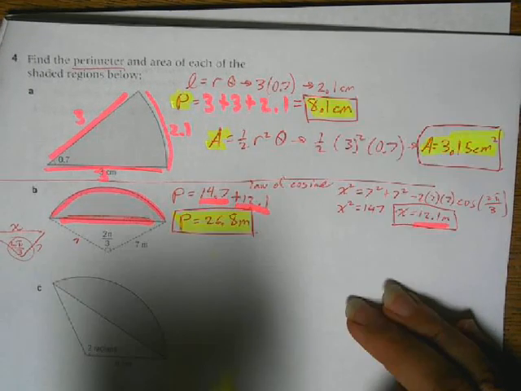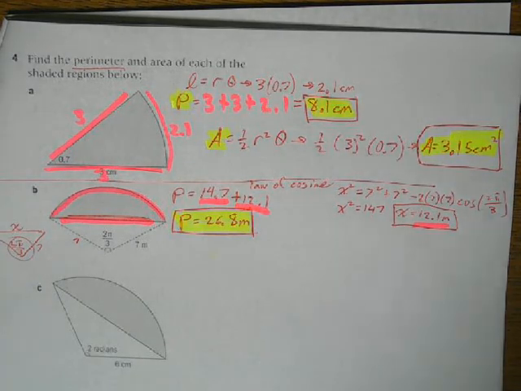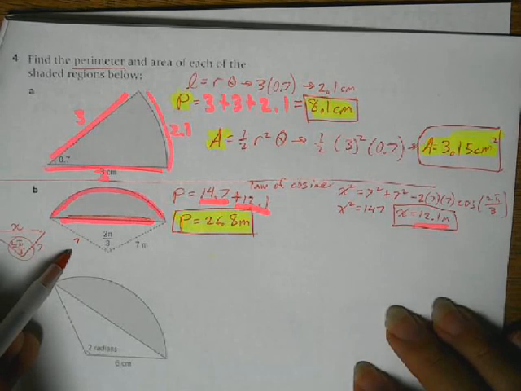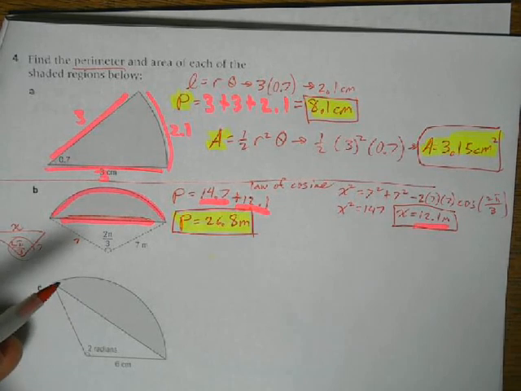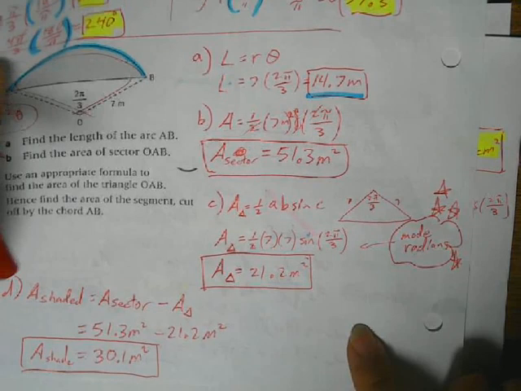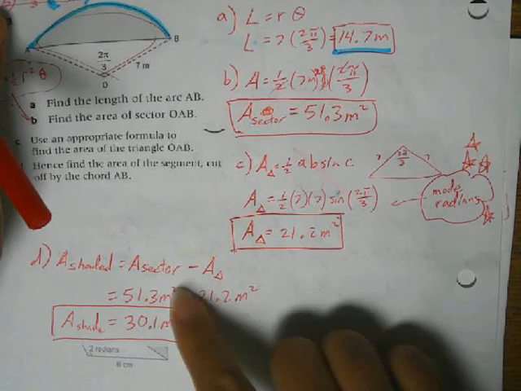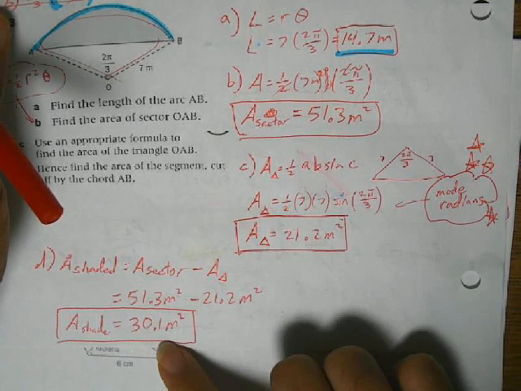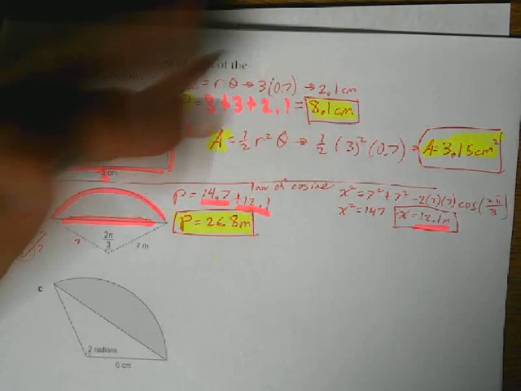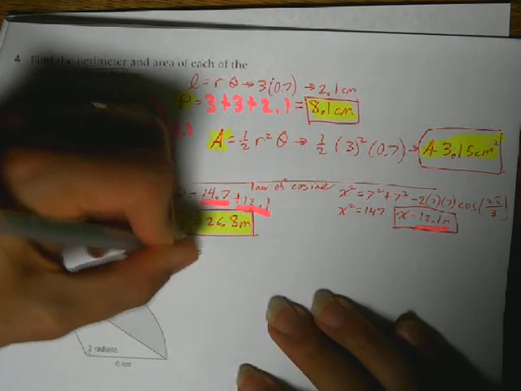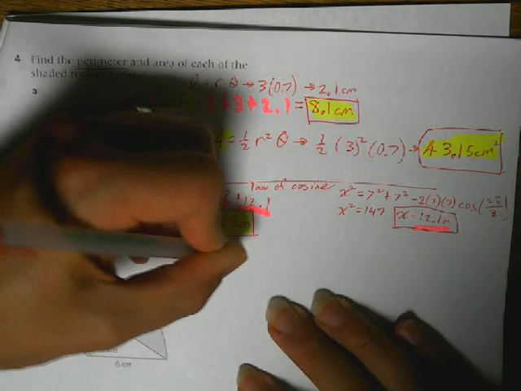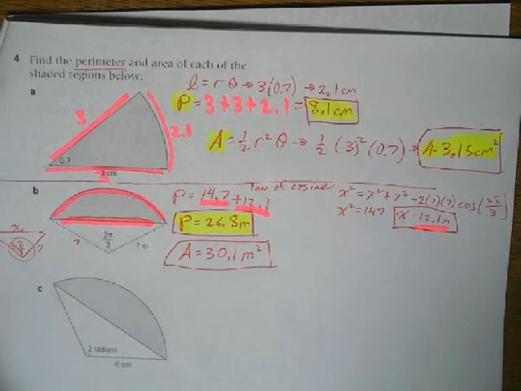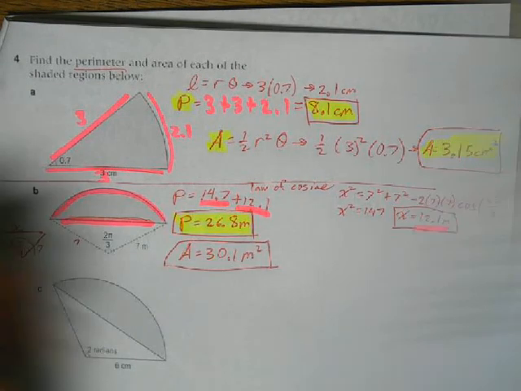Now we need to find the area of this shape, and we already did that on the previous assignment. We did the area of the sector minus the area of the triangle, and we got 30.1 meters squared. That was in problem number 3.